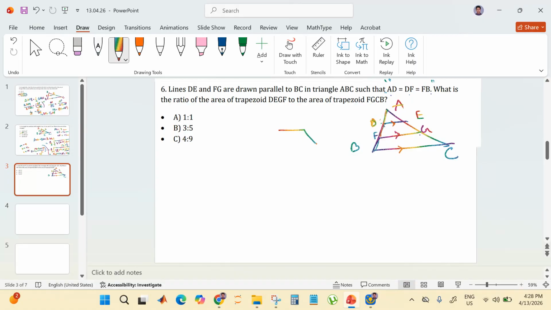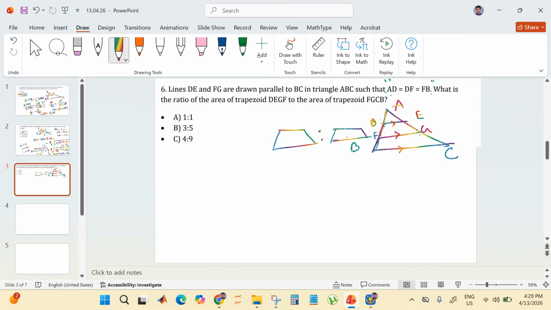So the middle trapezoid you have to find, and the area of FGCB, the last part. Basically, you have to find the area of the two trapezoids, this middle part and the last part.